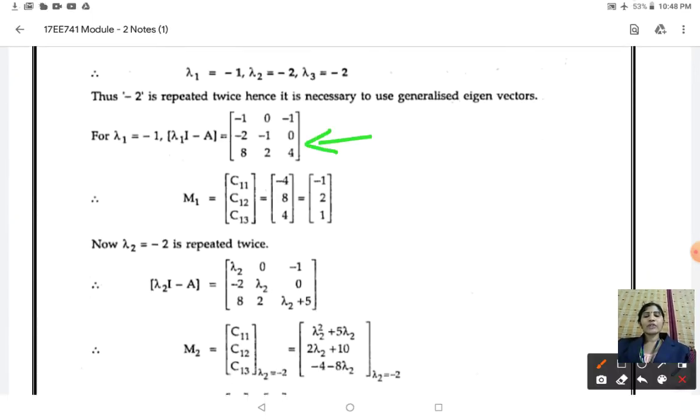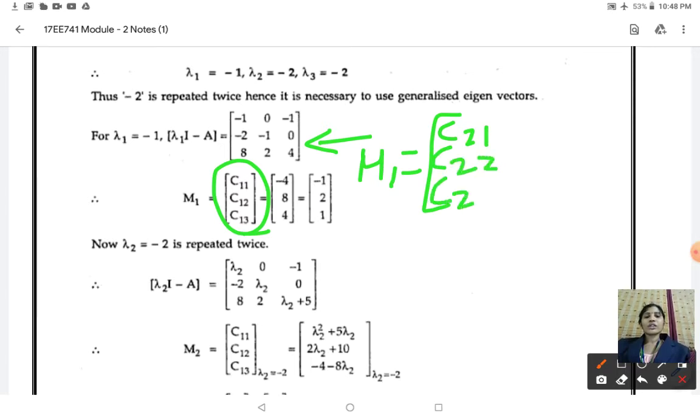After this you have to identify what is your m1. For example, now here I have shown the example with C11, C12, C13. Now I will show it with C21, C22, C23. However you want, you can calculate. There is no problem.